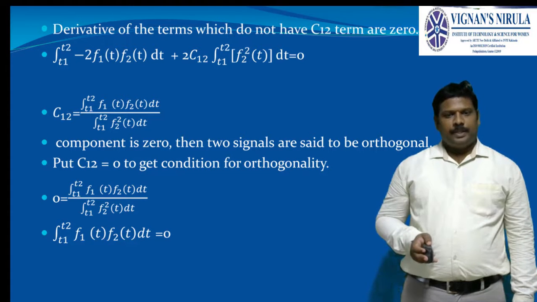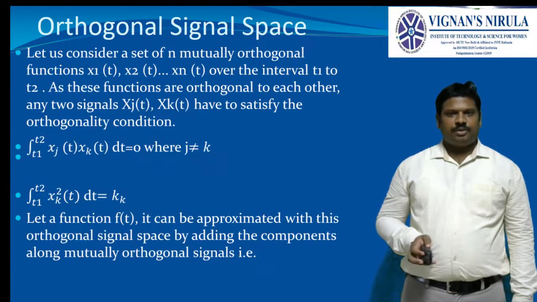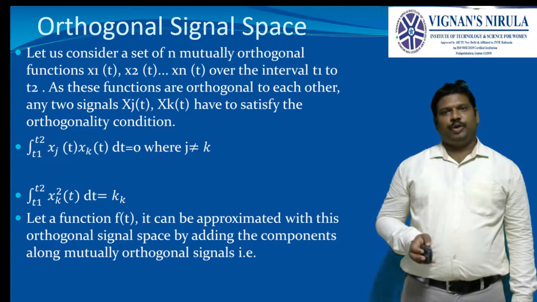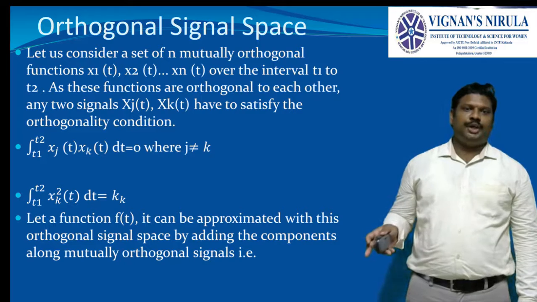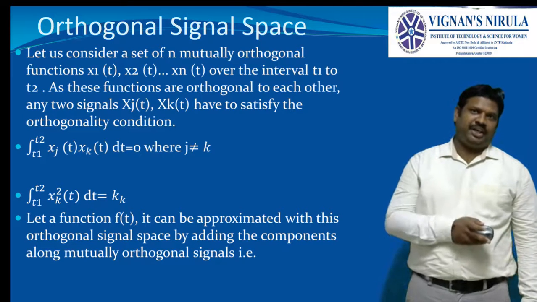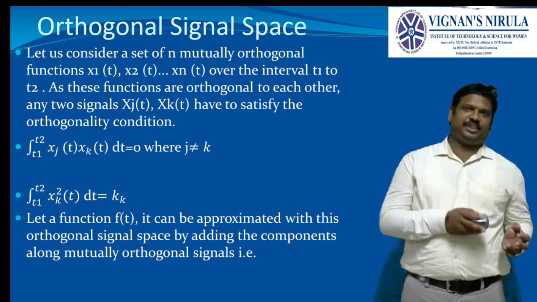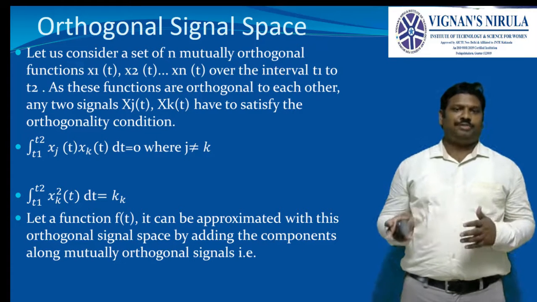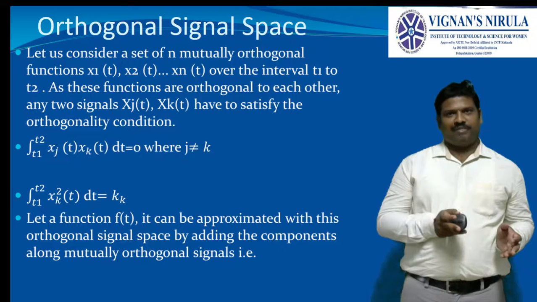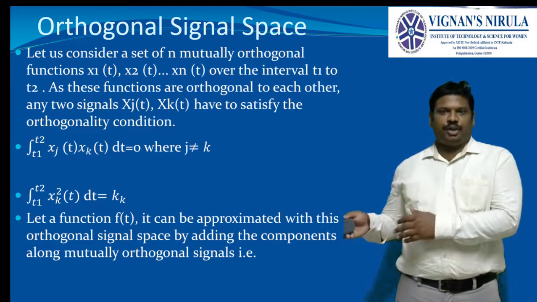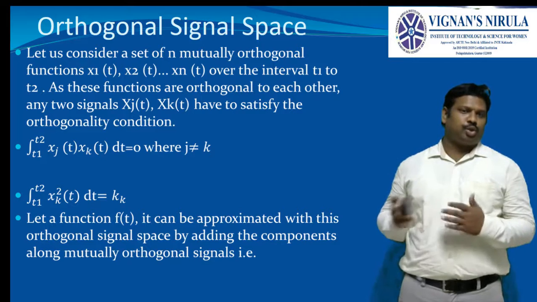Next, the same concept will be implemented for the mutually orthogonal functions, that is f1 of t and f2 of t. The same concept will be extended to n number of orthogonal functions, like x1 of t, x2 of t, and so on up to xn of t, over the same interval of t1 to t2.